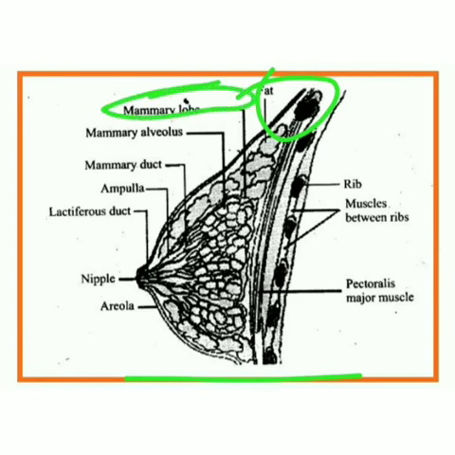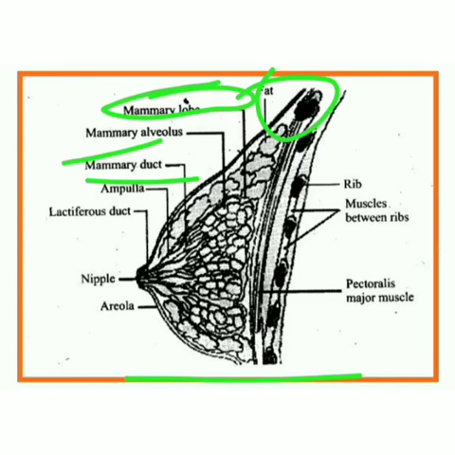Mammary lobes contain clusters of cells called alveoli. The cells of alveoli secrete milk which is stored in the cavities of alveoli. The alveoli open into mammary tubules. The tubules of each lobe join to form a mammary duct.